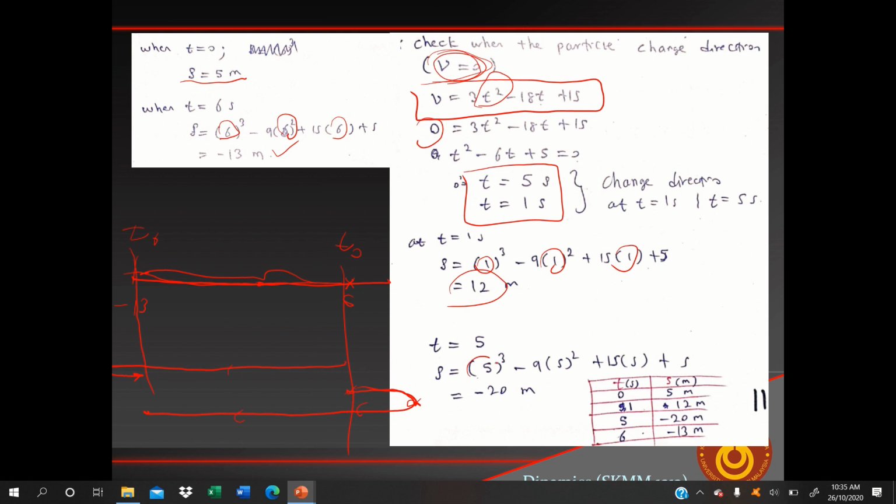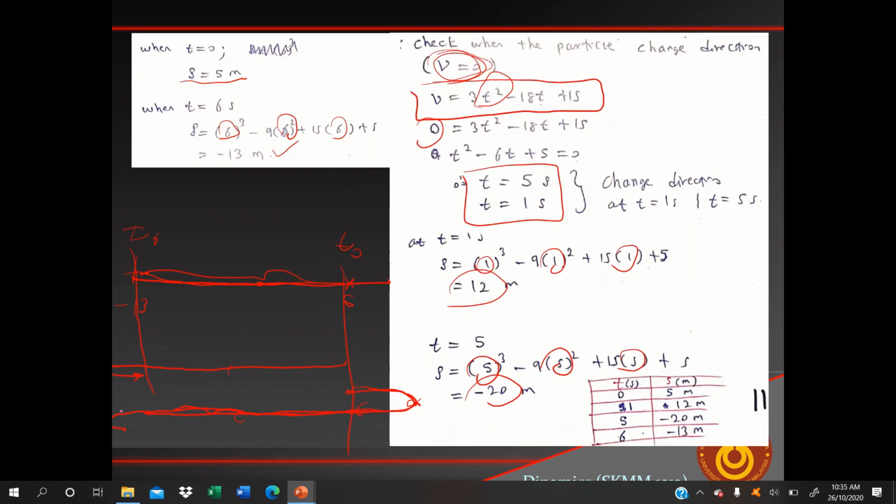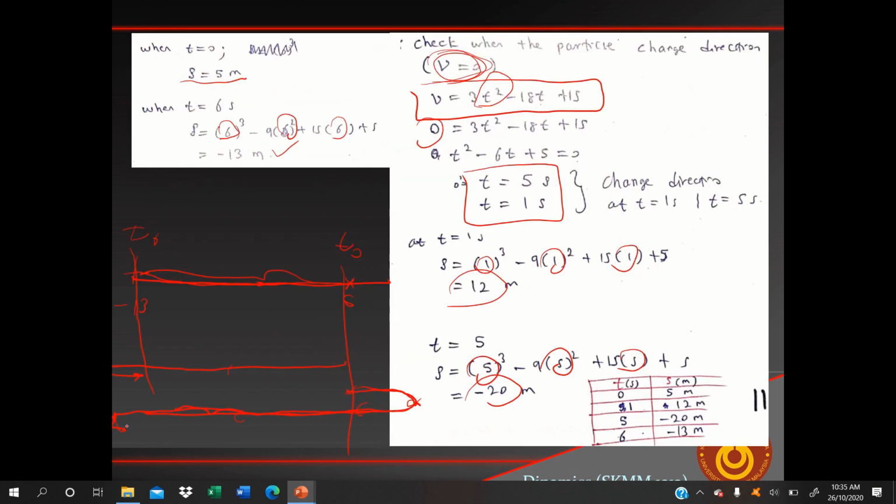Then you put in 5 seconds, the second change of direction, and it is at negative 20, meaning it will move to the end here until it is 20, then turn back and stop here at t equals 6, at s equals negative 13. So these are the 2 points where it changes direction, one here, one at the back. Now you know the important points: start from 5 meters, the first change is 12, the second change is negative 20, and stop at negative 13 meters.